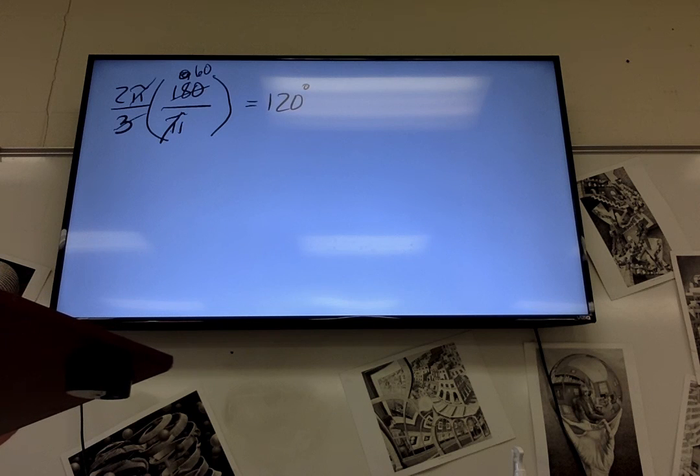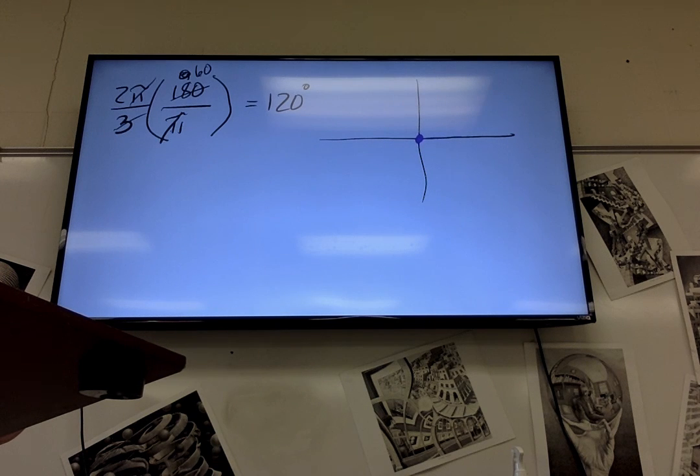All right. So then 120, we're going to draw it out. Remember, if it's in standard position, it starts here and I rotate 120 degrees this way.